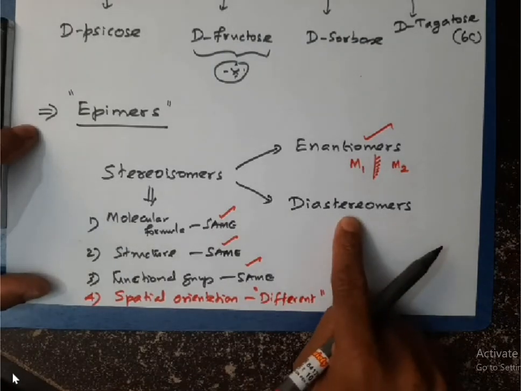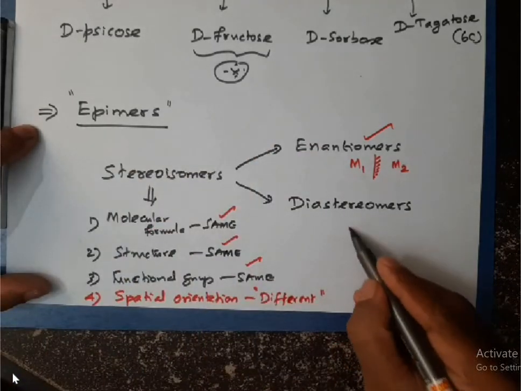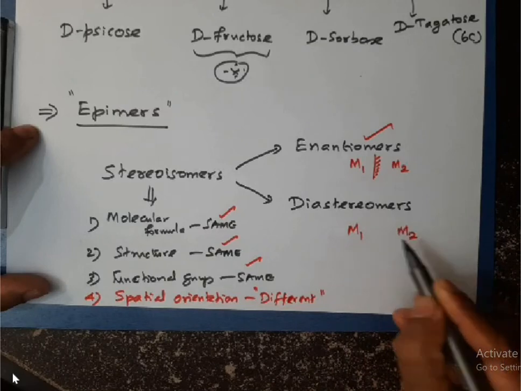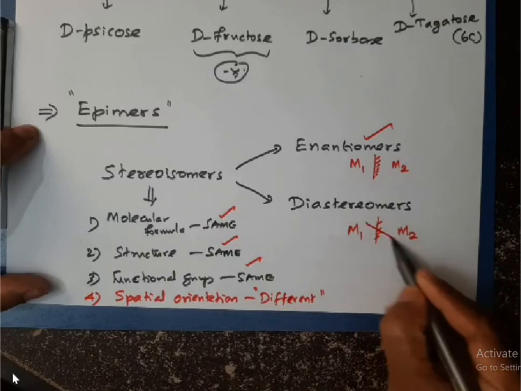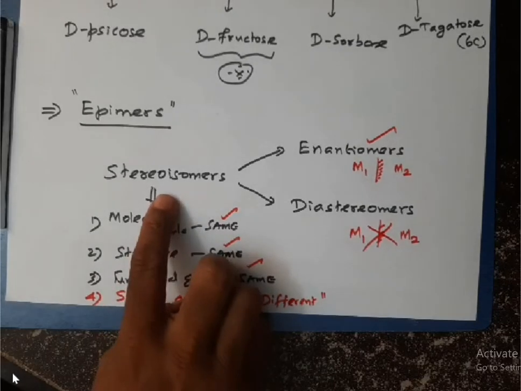What are diastereomers? Diastereomers are also stereoisomers, but they do not have an object and mirror image relationship. That's the difference. Students, is this clear? Any doubt in this? What are stereoisomers?